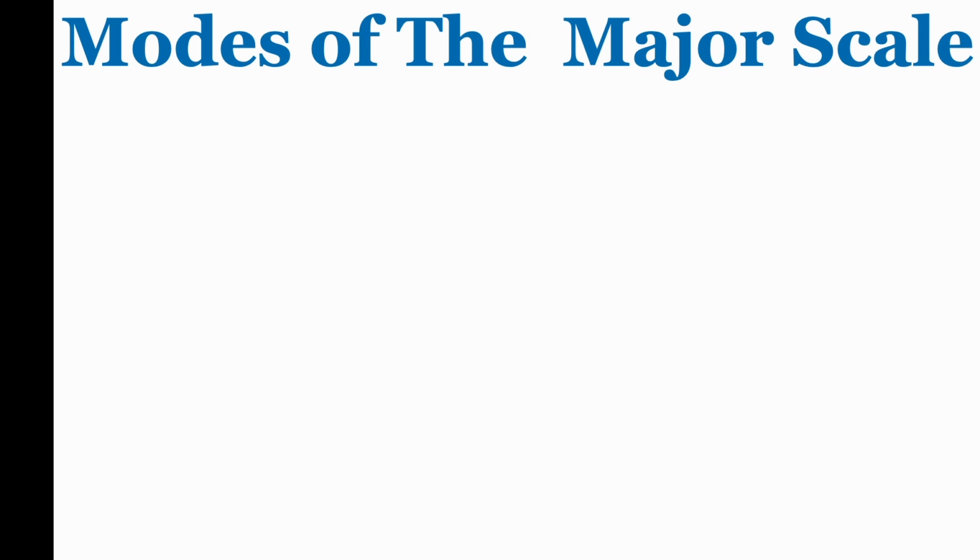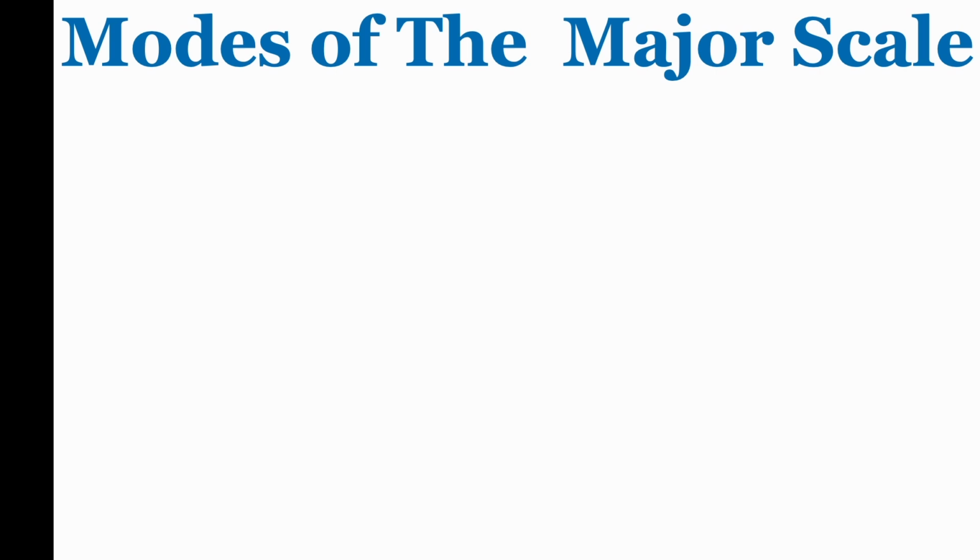We saw that earlier. Well, all the modes are like that. Every single mode of the major scale is exactly like that. We start with the major scale, and then we just start counting from different locations, okay? And that's why we talk about the modes of the major scale.